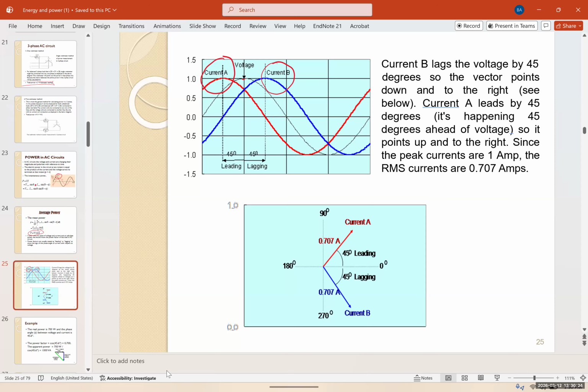Current A is leading by 45 degrees because it's ahead of the voltage, and current B is lagging, it's behind the voltage at 45 degrees. So leading means it's happening 45 degrees ahead of the voltage, so it points up and to the right. Since the peak currents are 1 amp, the RMS currents would be 0.707 amps.